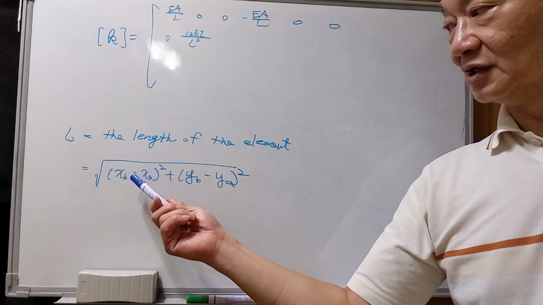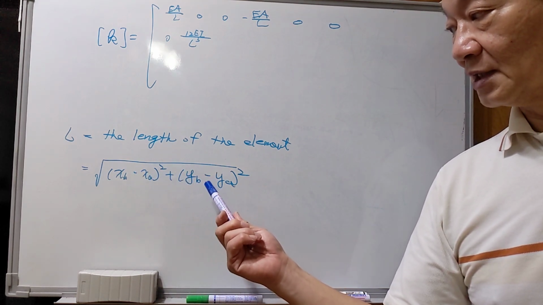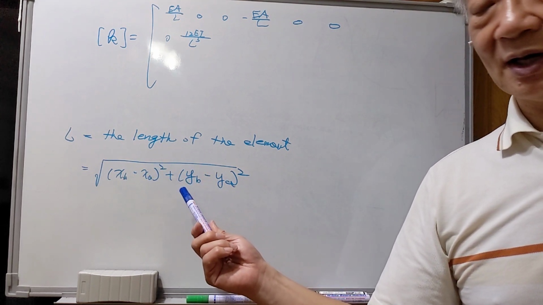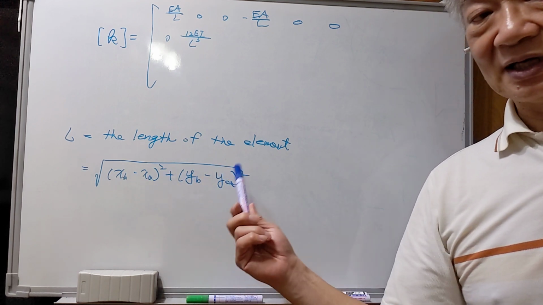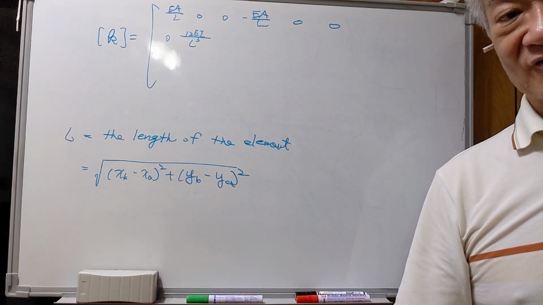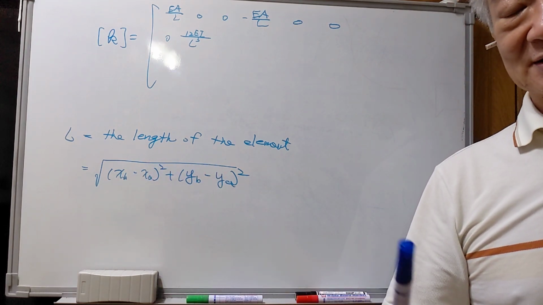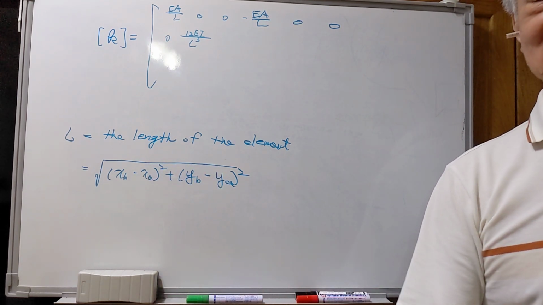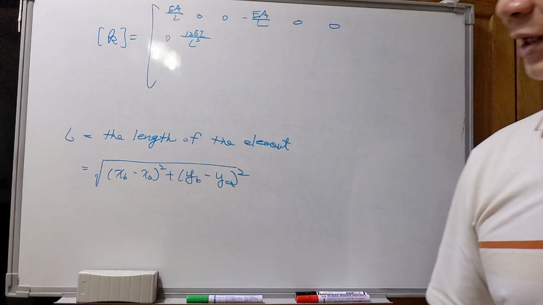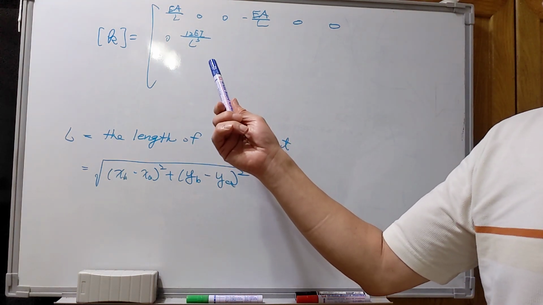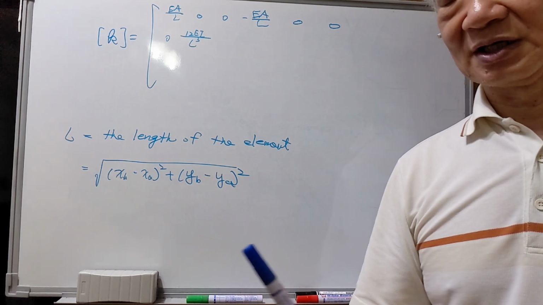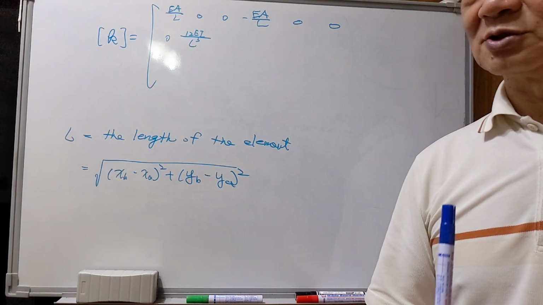The xa and ya are the nodal coordinates of the first endpoint, and the xb and yb are the nodal coordinates of the second endpoint. In the previous derivation, we didn't consider the rigid end zone.